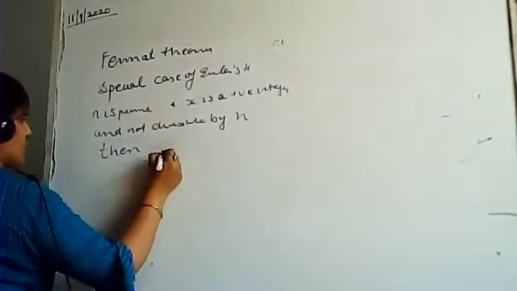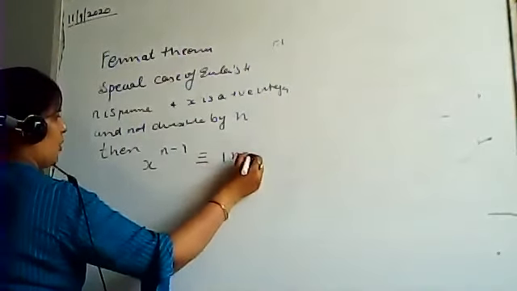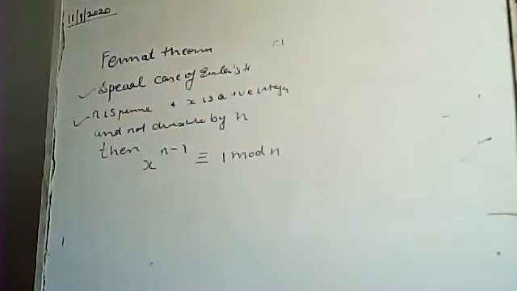We have x raised to power n minus 1 congruent to 1 mod n. Now this is the Fermat theorem we use in that particular case where my n is prime. Okay, so this is a special case of your Euler theorem. What is the special case? Where my n is prime and x is a positive integer which is not divisible by n. In that case we can represent that x raised to power n minus 1 is congruent to 1 mod n.